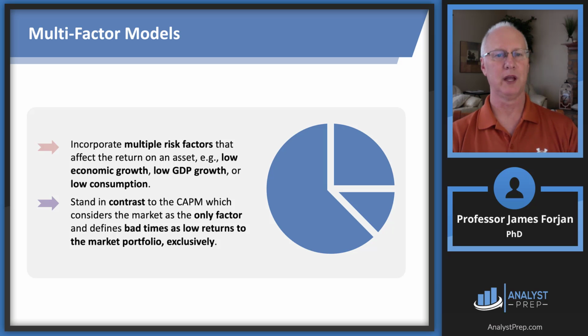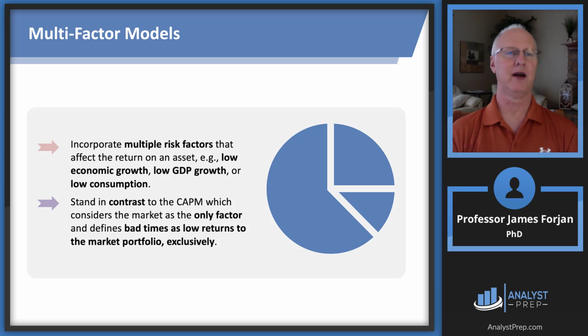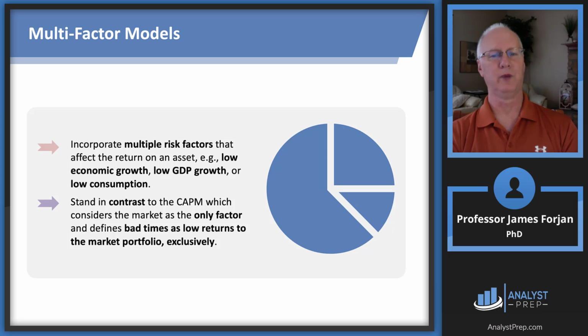Those limitations are based on what we just talked about, but also the fact that there's tons and tons of pressure on the capital asset pricing model and the market portfolio and beta to capture all of those factor risks that are out there. And so that's why we move to the multi-factor models. We have these multiple risk factors that can influence the return on individual stocks.